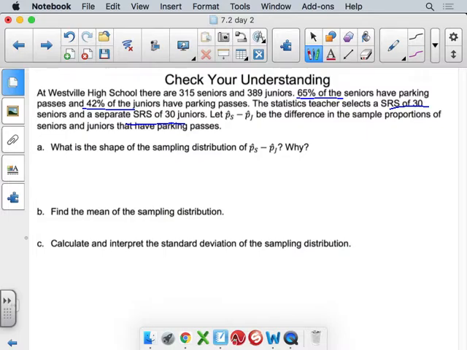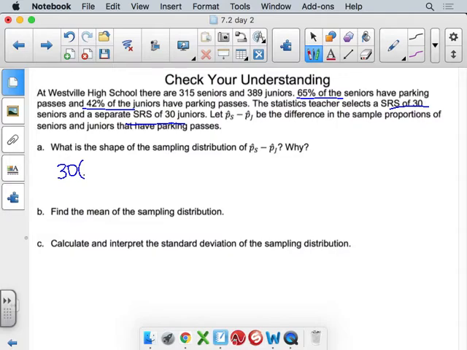So like if I made a simulation of all these different samples, like what are the outcomes that can happen between the two of them? What's the shape of it? So we're trying to prove, we want it to be normal. So let's see if it's normal. So you do the sample size of 30 times, so let's do it for seniors.